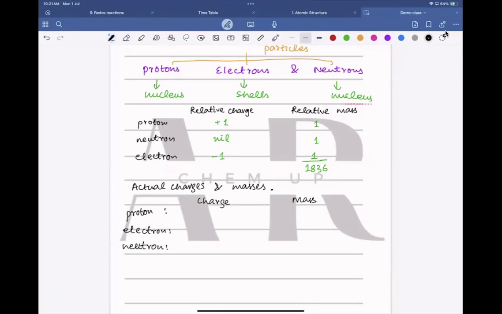So the actual charge of proton is +1.6 exponent -19 Coulomb. For electron, it is -1.6 exponent -19 Coulomb, and neutron again has no charge. And when we talk about mass, the mass of proton and neutron are exactly same, which is 1.67 exponent minus 24 grams.